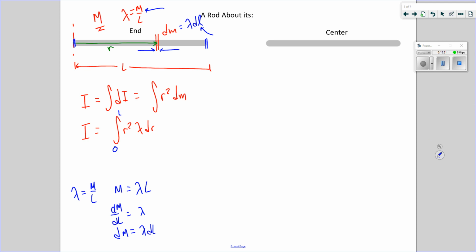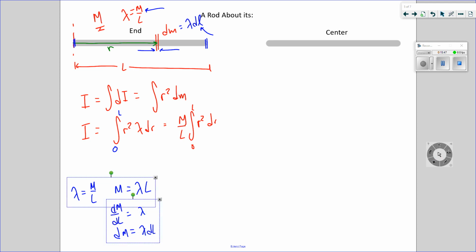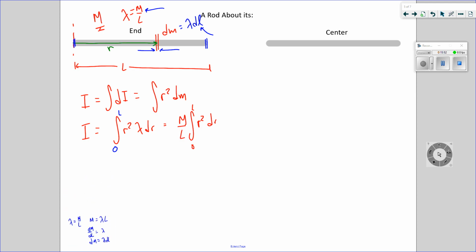So that lambda is a constant. We can pull that out. I'm going to write that as m over L. And then we integrate r squared dr from 0 to L. So that gives us m over L, r cubed over 3 from 0 to L. That gives us m over L, L cubed over 3.